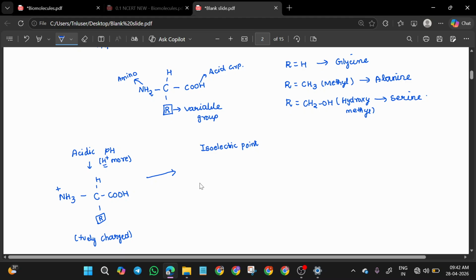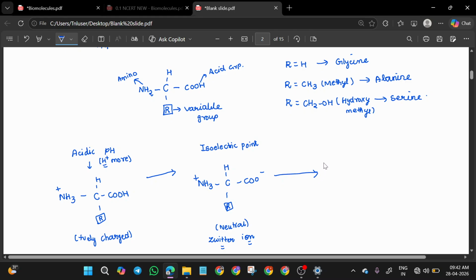At that point we have NH3 plus and CHCOO minus, that is, they become equal. So the overall charge will be electrically neutral. This particular ion is called a Zwitter ion. The structure we get at the pH where it is electrically neutral is called the Zwitter ion. That we have to see.